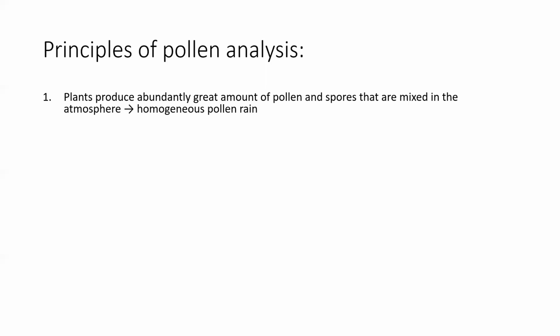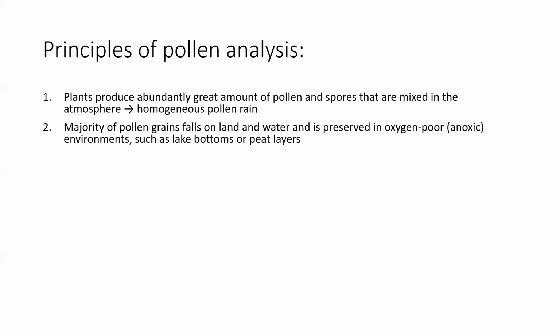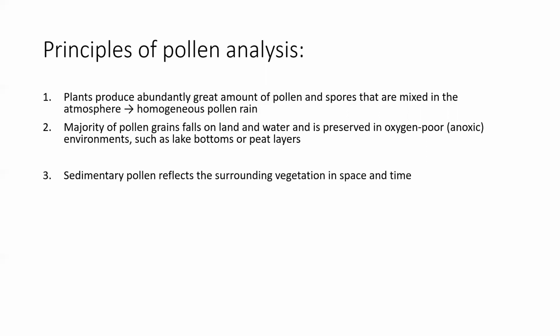This results in a homogeneous pollen rain that will then be deposited on land or water, and then preserved there. Usually pollen grains are best preserved in oxygen-poor, so basically anoxic, environments. And usually these are lake bottoms and peat layers that the pollen grains are obtained from.